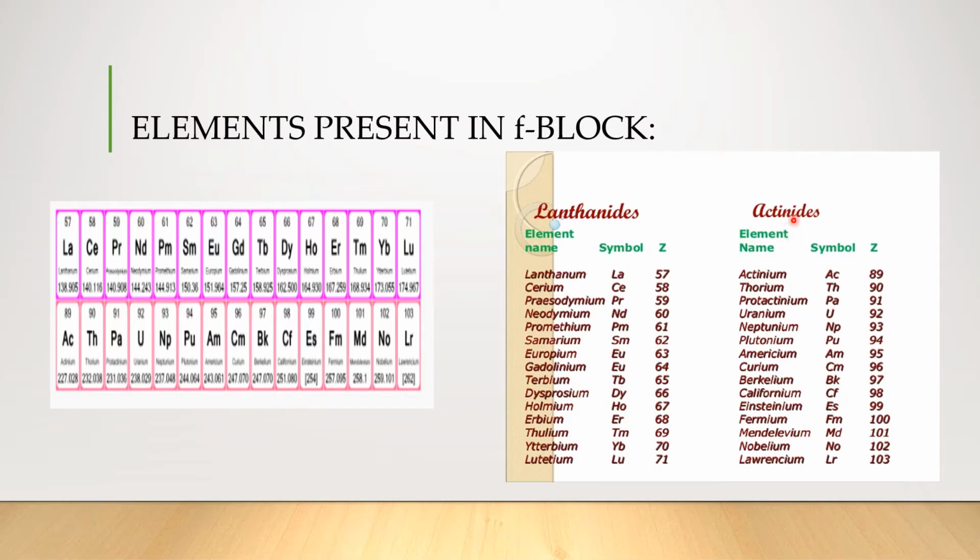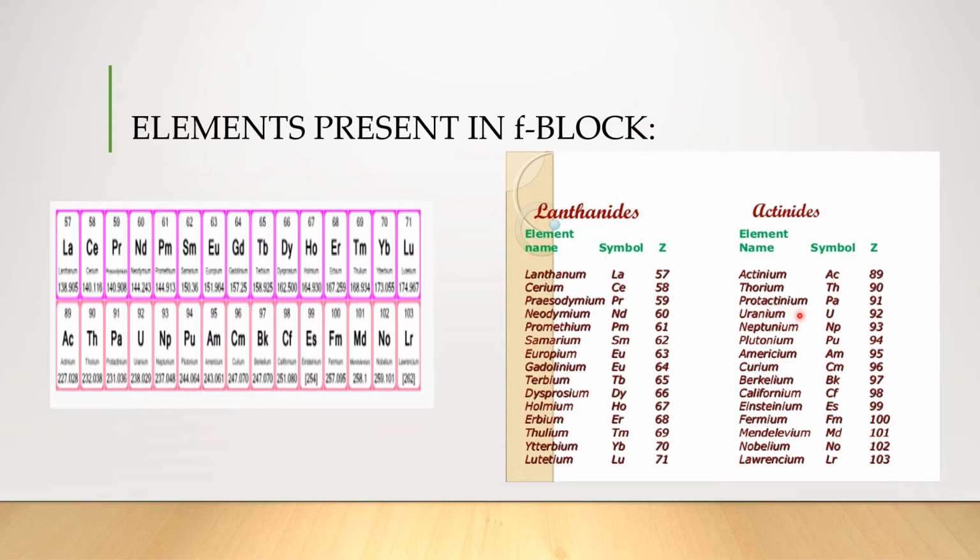And then we move to the actinide series, okay. The first element is actinium, its symbol is Ac, and its atomic number, Z means atomic number, okay, is 89. Then thorium, Th, its atomic number is 90.